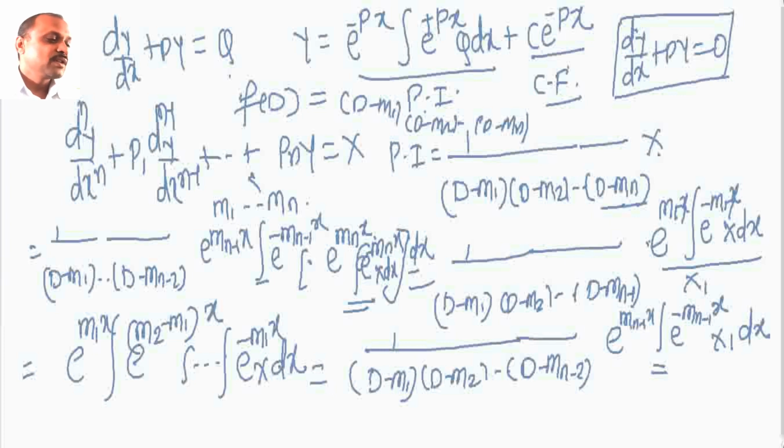Now, the second method is whenever the factor 1 divided by f of D is decomposed into partial fractions.